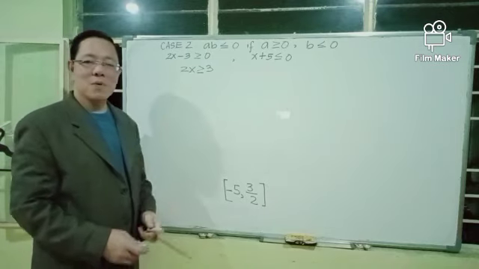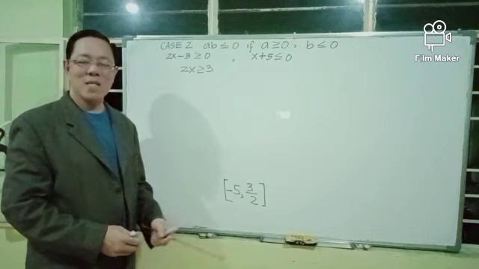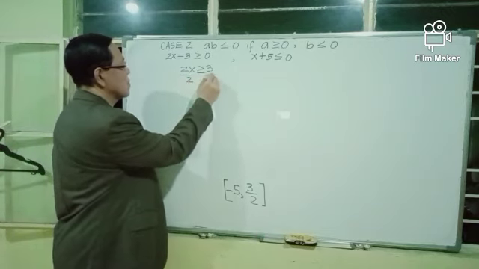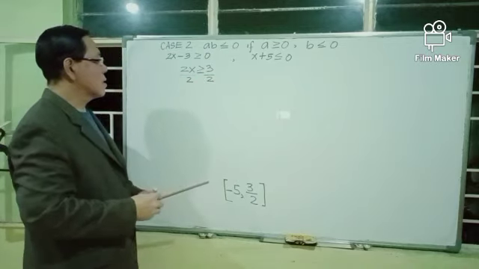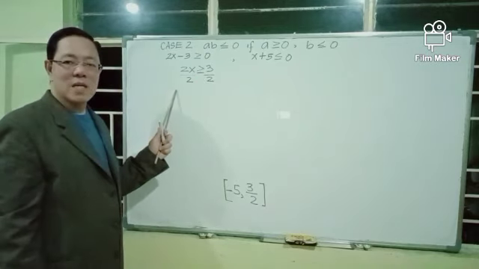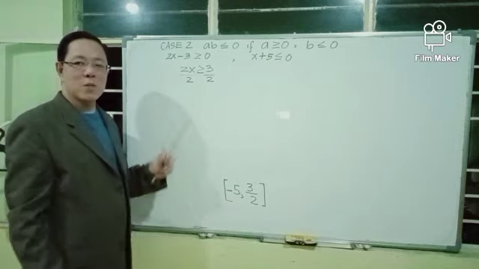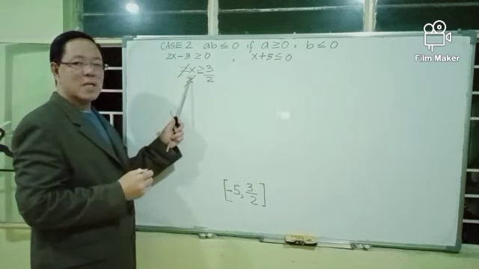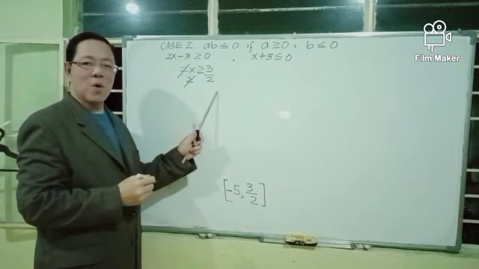Now we divide both sides of this linear inequality by 2. At the left hand side, we can cancel out 2 because 2 over 2 is 1. Hence, we get x greater than or equal to 3 over 2.